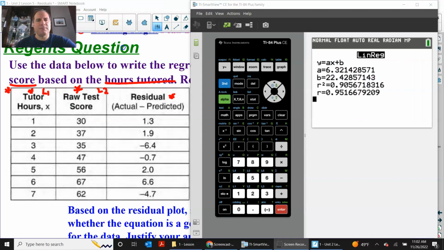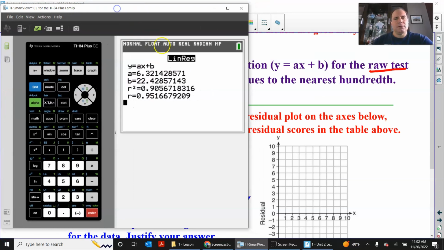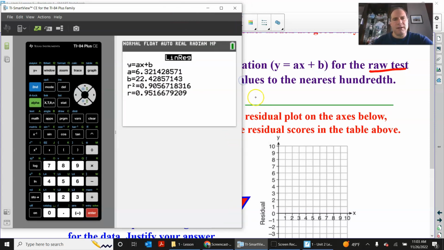Let me move this over. Okay, this is the equation. So we have y equals 6.32x plus 22.43, rounded to the nearest hundredth.